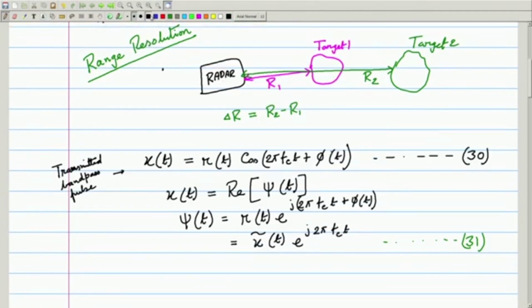I can write the complex envelope x(t) as nothing but R(t) e to the power j phi(t). So, this is our equation 32.